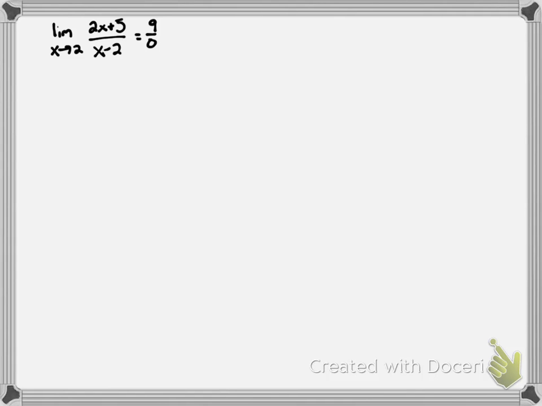It doesn't help. Cannot divide by 0. This doesn't factor, so step 2 doesn't help. So what I know at this point is that my answer is either infinity, negative infinity, or it does not exist. I can't really make any conclusions based on what I know. It's going to be one of these.